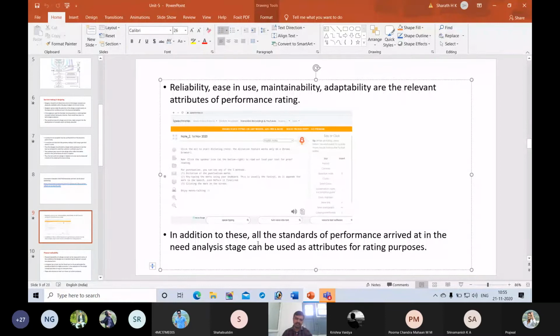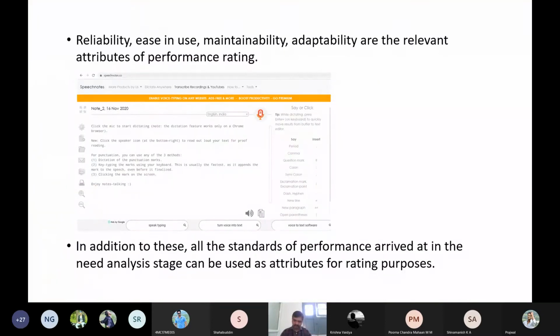Next, in addition to these, all the standards of performance arrived at in the need analysis stage can be used as attributes for rating purposes. That is standard of performance constraints. By considering that also you have to reduce the solutions into one best one.